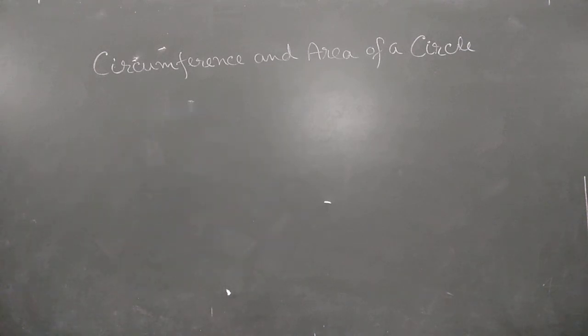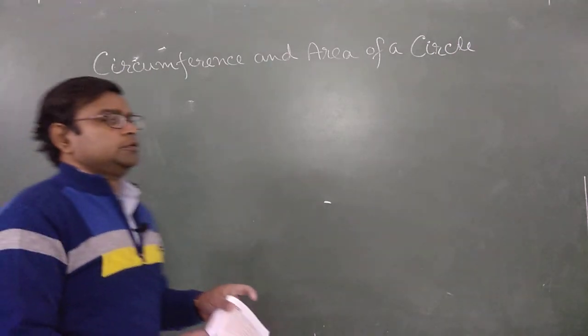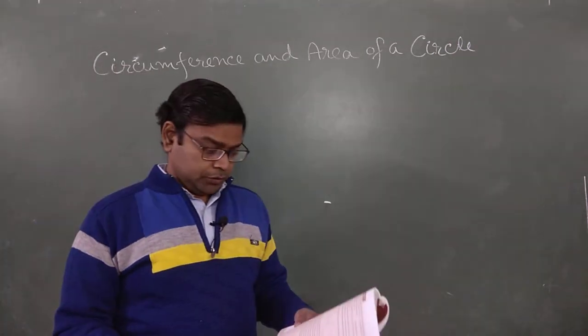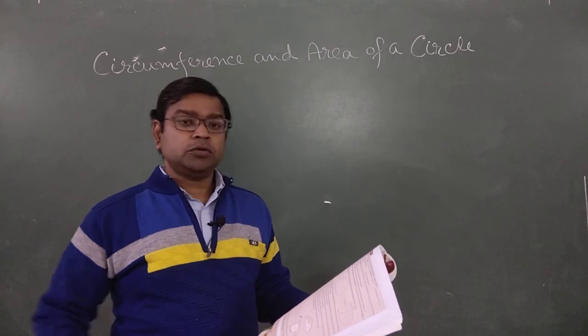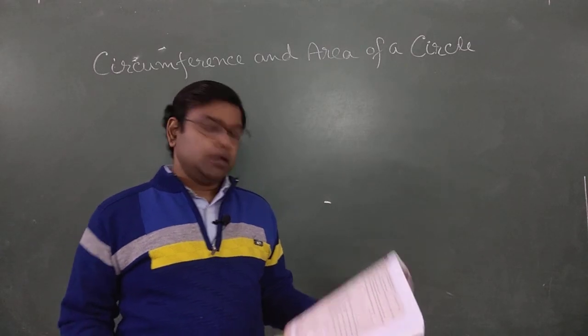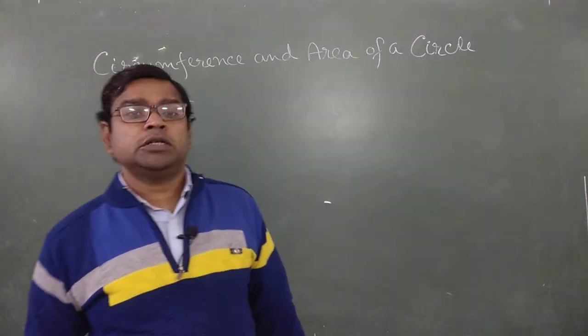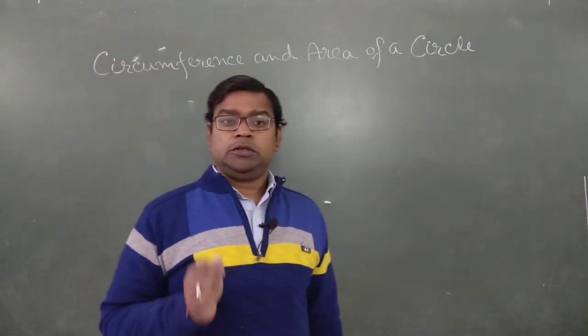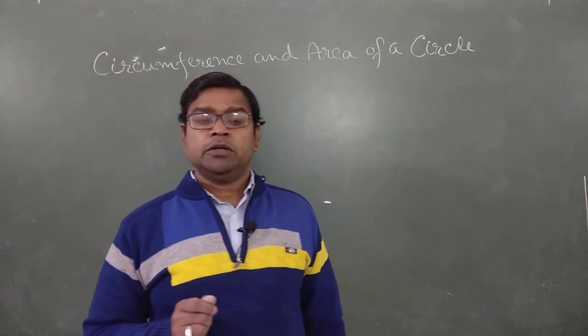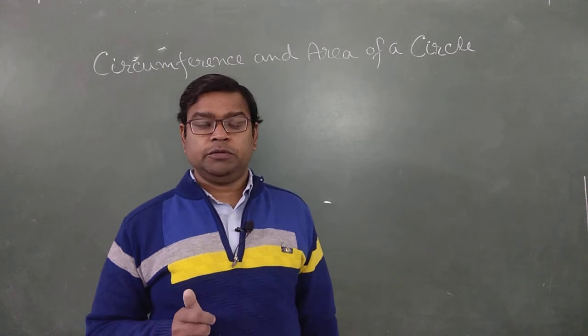Now we have another question. It's a question about two concentric circles. Remember, if the question is about two concentric circles, you must draw the figure very carefully so that you can easily solve it.